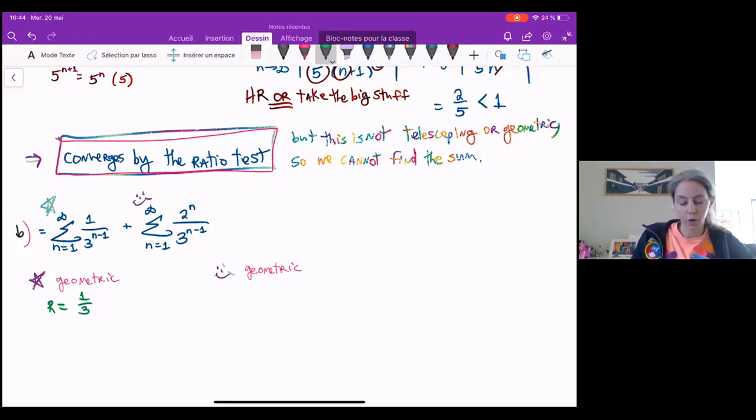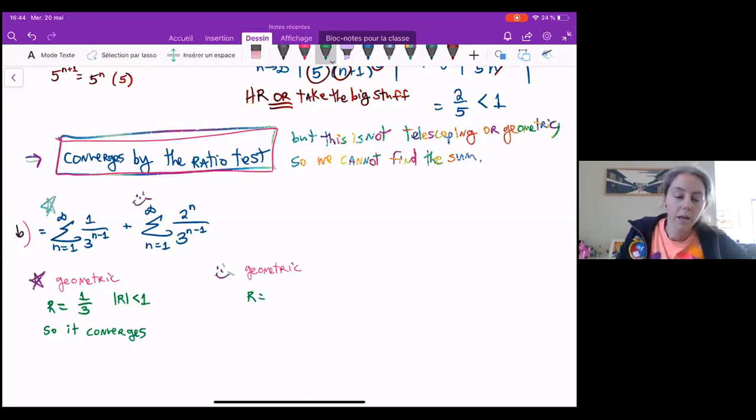So my r is 1/3, and the absolute value of 1/3 is less than 1, so it converges. Now what about over here? Here in the top I have a 2 and in the bottom I have a 3. Again the absolute value of r is less than 1, so again it converges.